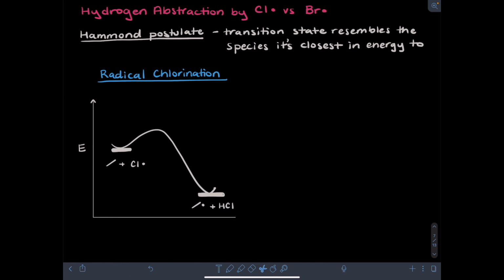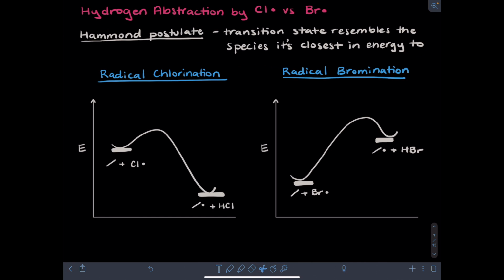So looking just at the hydrogen abstraction step, using a chlorine radical, this step is exothermic. Looking at the hydrogen abstraction step using the bromine radical, this step is endothermic instead. So notice in the case of radical chlorination, the transition state is closest in energy to the starting material.